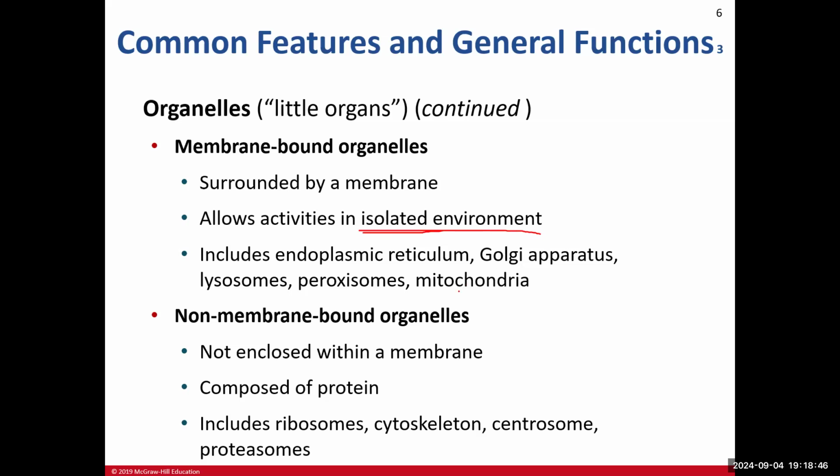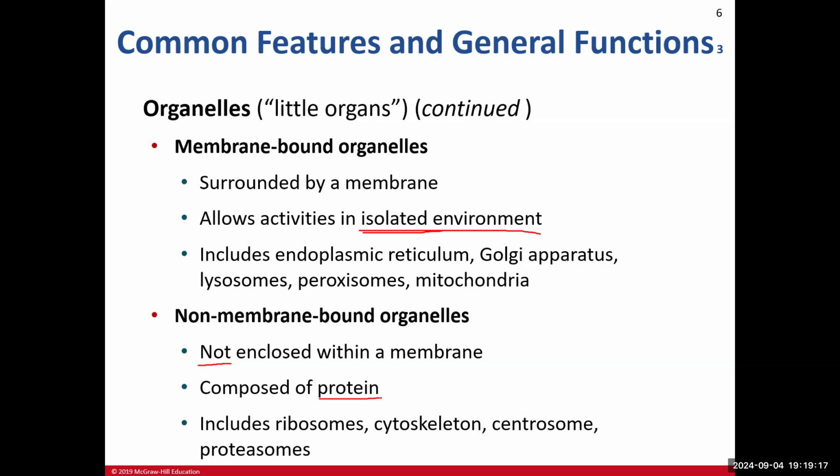The non-membrane-bound obviously do not have a covering or membrane, and these predominantly are going to be made up of proteins. So when we talk about protein synthesis, you'll see that cells will make proteins that they can do a couple of things with. One of which, they can make proteins that they're going to ship out of the cell, maybe a protein hormone.